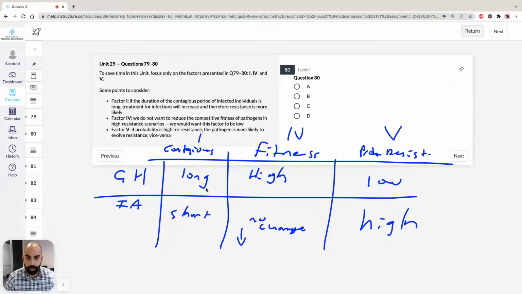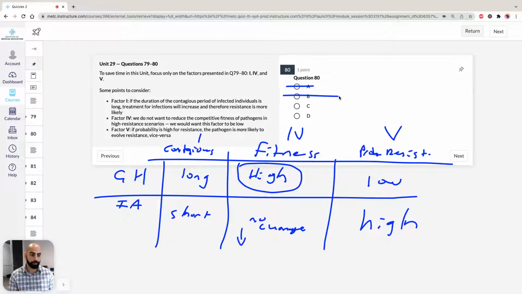Well, no, because the fitness for 4 is high, so that means the competitive fitness has been reduced, so therefore it can't be A. B says more quickly because of both 4 and 5. So 4 is the fitness, and the probability of resistance is low, so no, it's not going to be B. So we know it has to be either C or D.